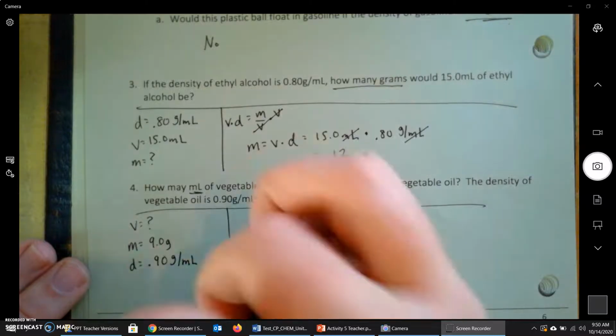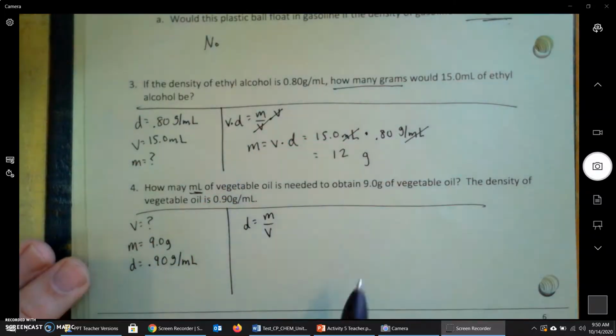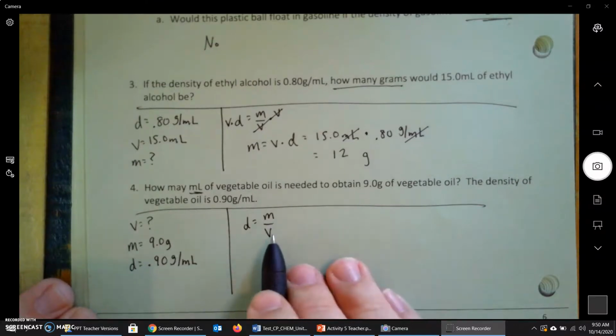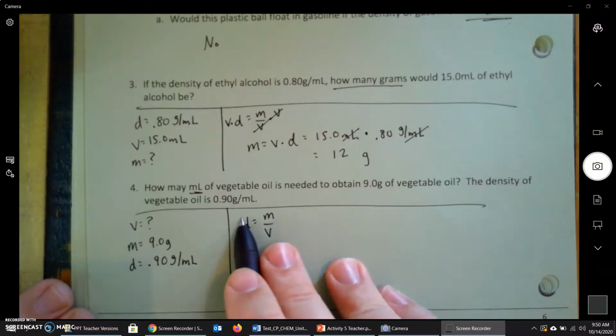Our formula that we will use is the same as always, D equals M divided by V. And we now need to solve for volume. This is the most difficult of the variables to solve for. It will take us 2 steps. So first things first, we want to get rid of this fraction. I don't have a way to move M over to the other side.